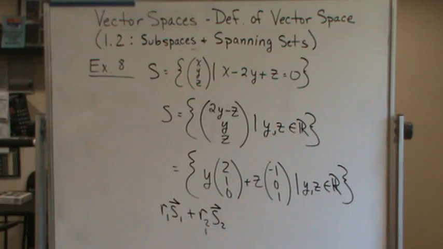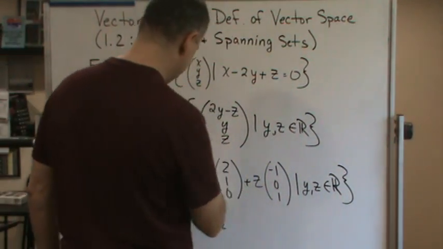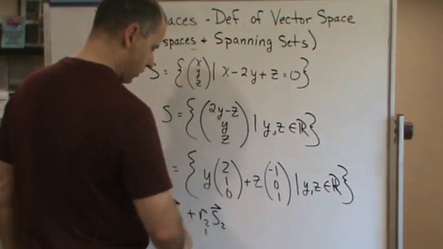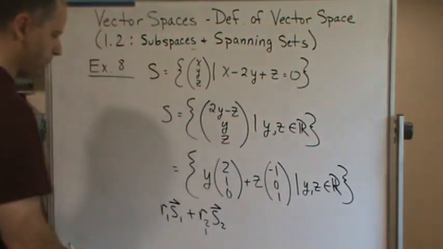Now, each S sub i is a linear combination of the two vectors up here.